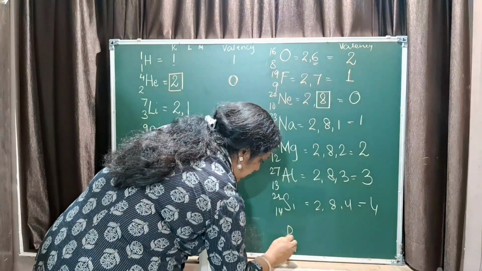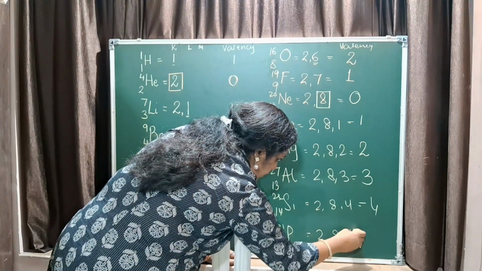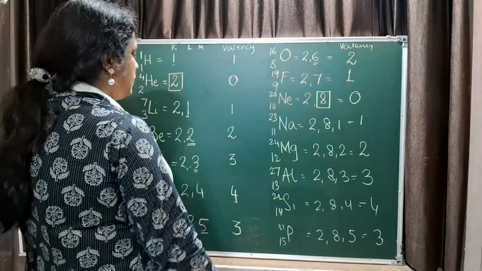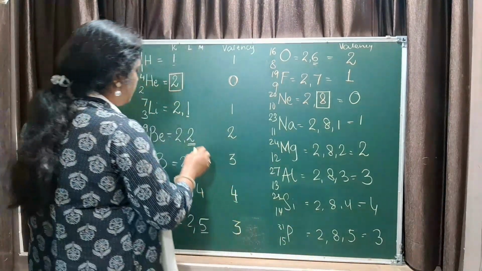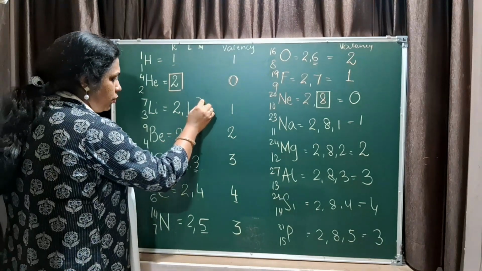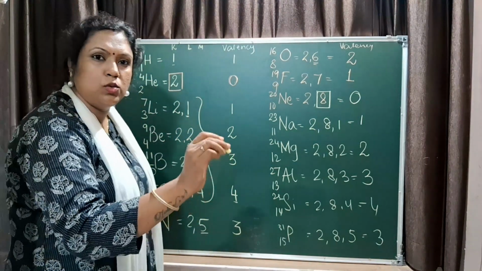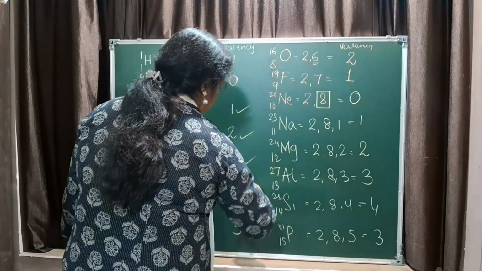Phosphorus 15 and 31, that is 2, 8 and 5. Valency is 3. Correct. So till 15 we are done. You understand, children, you observe, whenever in the outermost shell you have the electrons as 1, 2, 3 and 4, the valency is 1, 2, 3 and 4.